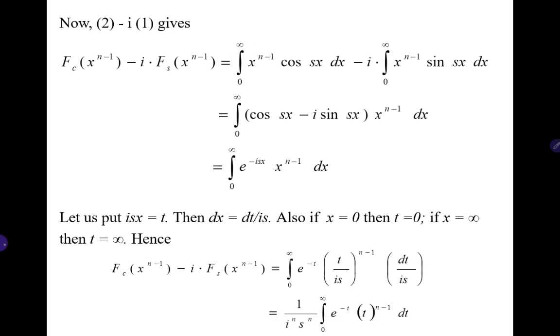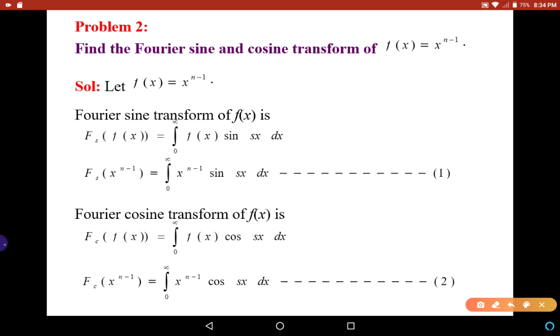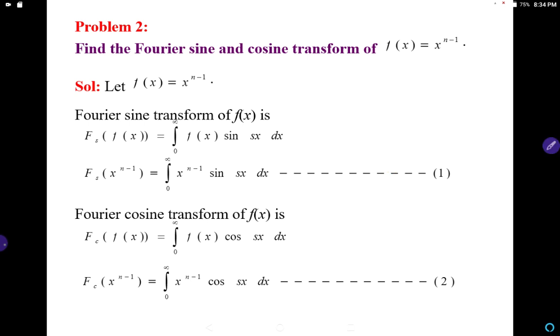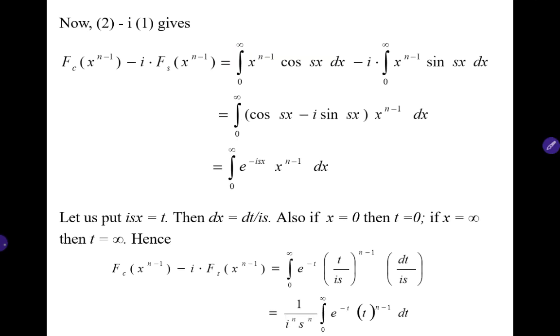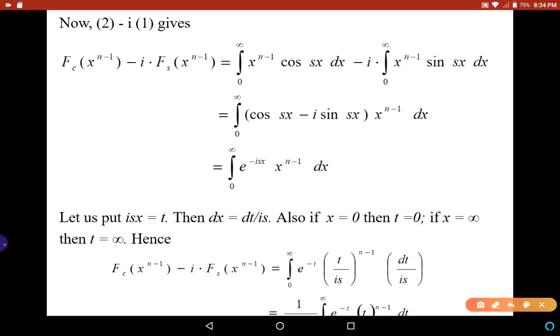Equation 2 minus i times equation 1 gives Fc of x power n minus 1 minus i times Fs of x power n minus 1, where Fc of x power n minus 1 is the integral from 0 to infinity x power n minus 1 into cos sx dx, and Fs of x power n minus 1 is the integral from 0 to infinity x power n minus 1 into sin sx dx.